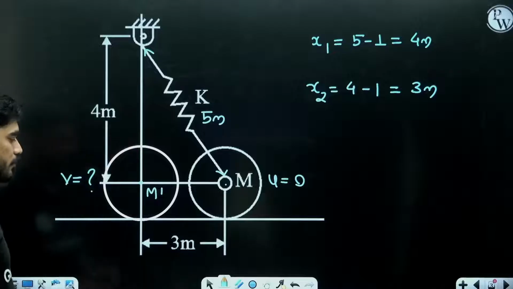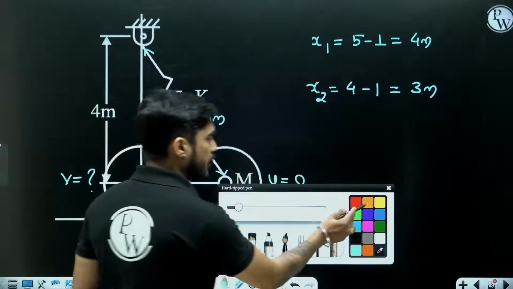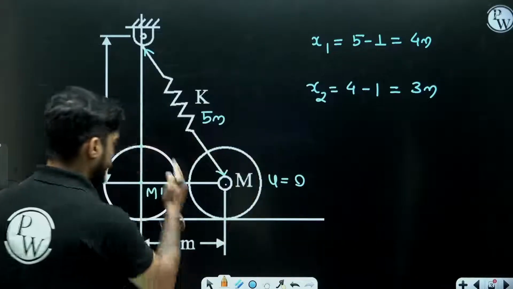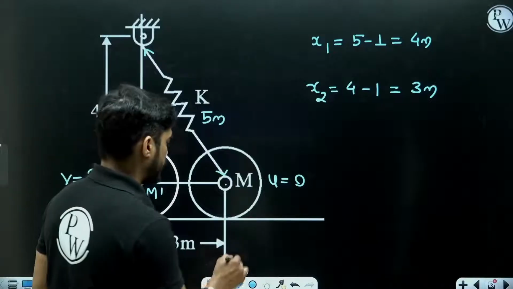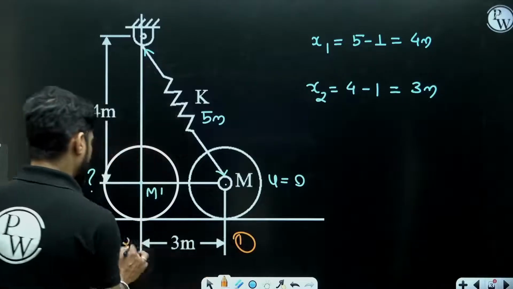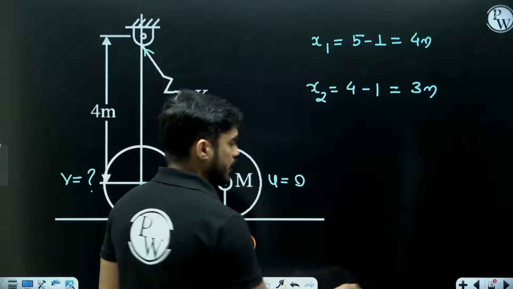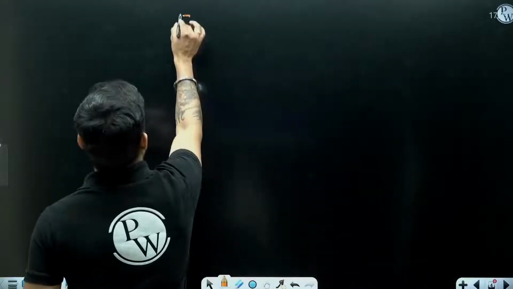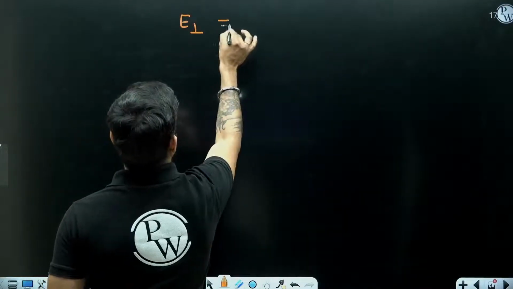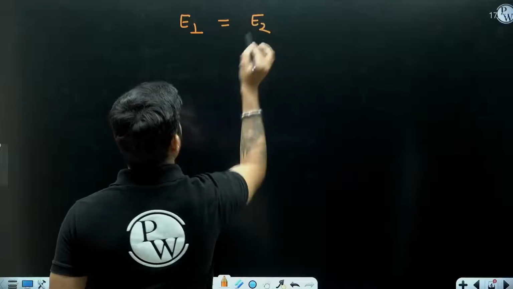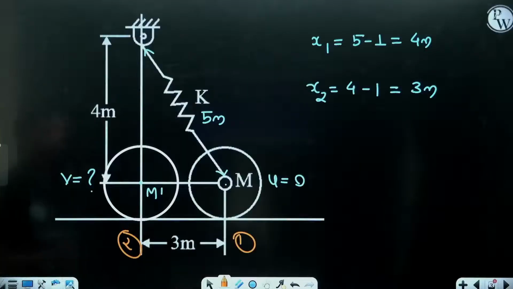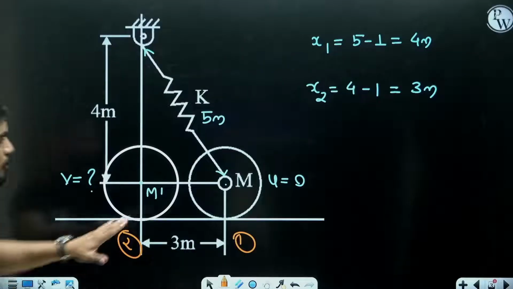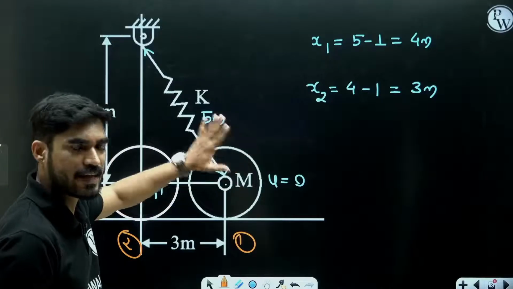Now understand, the energy in this first position is equal to energy in the second position. Let's say this is the first position, this is the second position. So conservation of energy means energy in the first position is equal to energy in the second position. So what is the energy in the first position? In the first position, the disk is at rest.